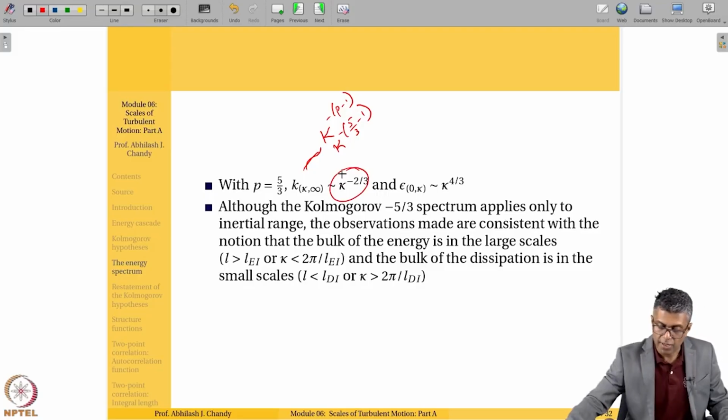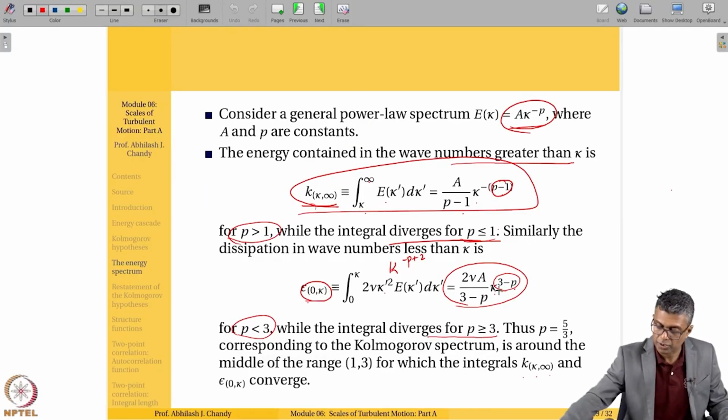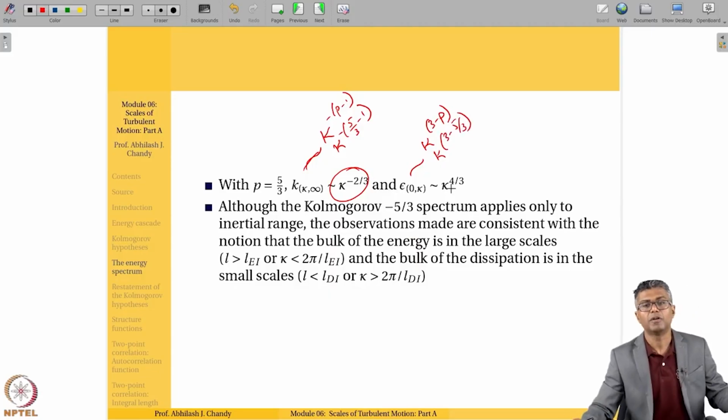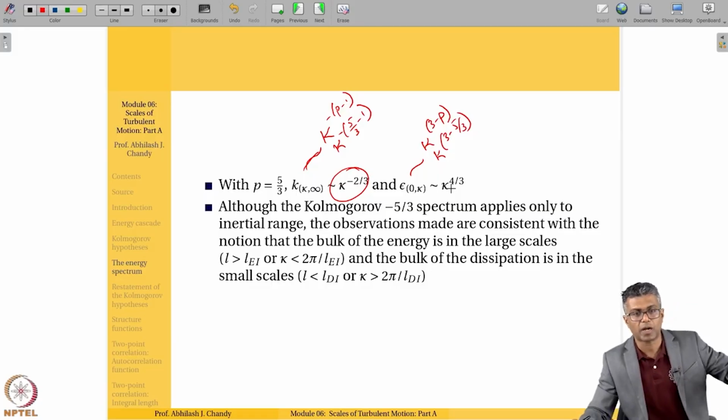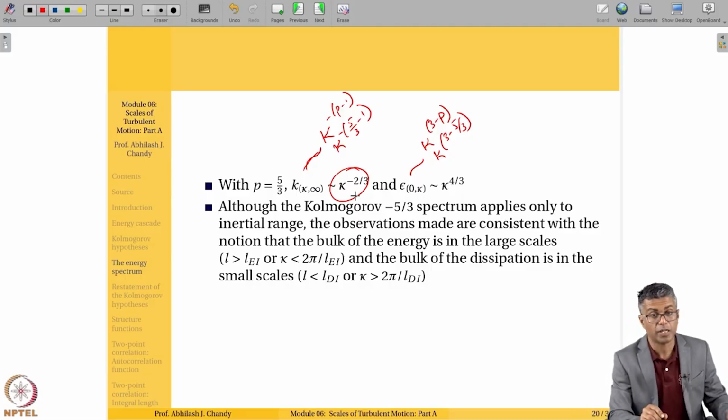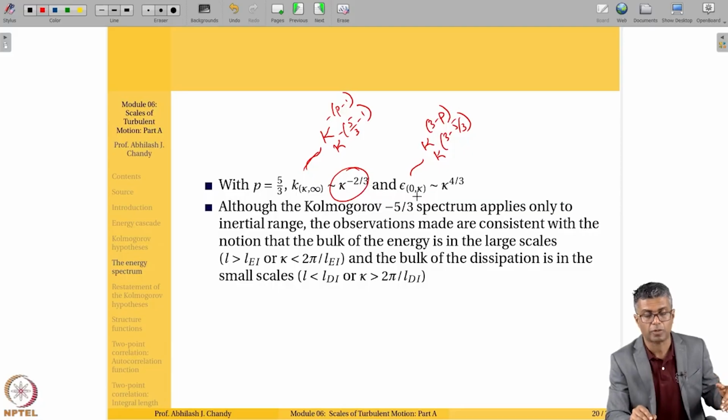On the other hand, dissipation is of the order of kappa to the 3 minus p. So that is kappa to the 3 minus 5/3, which is kappa to the 4/3. So essentially what we are saying is with p equal to 5/3, the turbulent kinetic energy is of the order of kappa to the minus 2/3, and the dissipation is kappa to the 4/3.